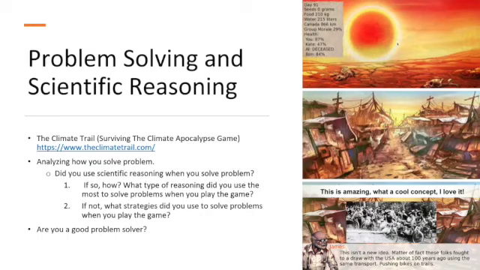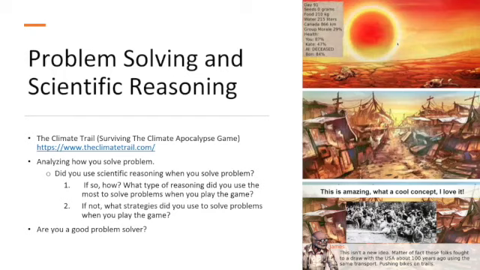The Climate Trail, Surviving the Climate Apocalypse game, is a free resource that you can use in your classrooms. While your students play the game, you could ask them to document how they made their decisions and based on what when they solved the problem.